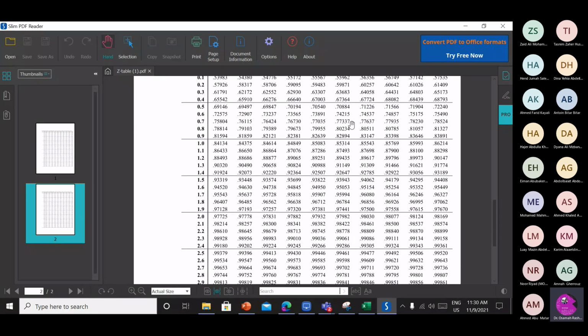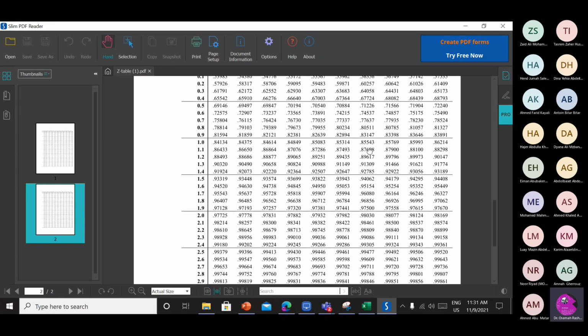As I told you, Z of 0.025 is exactly equal to Z of 0.975. If I go to 0.975, I have it here in the Z positive table. Z is 1.9 and the second decimal place is 0.06, right? So Z will be 1.96. Got it?